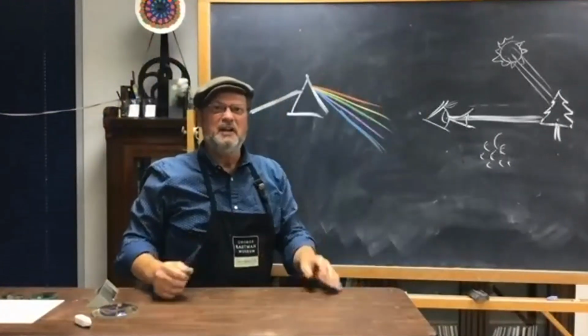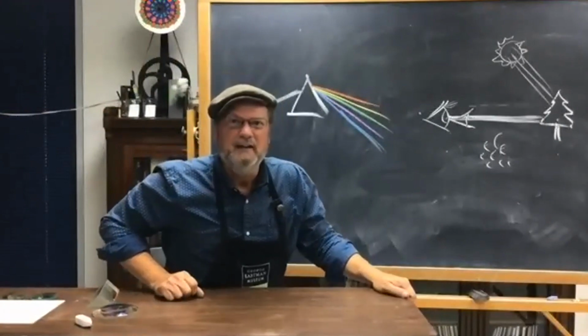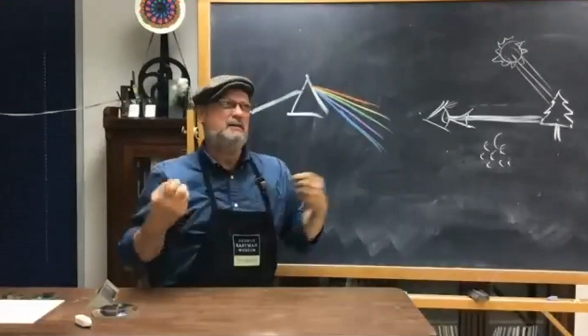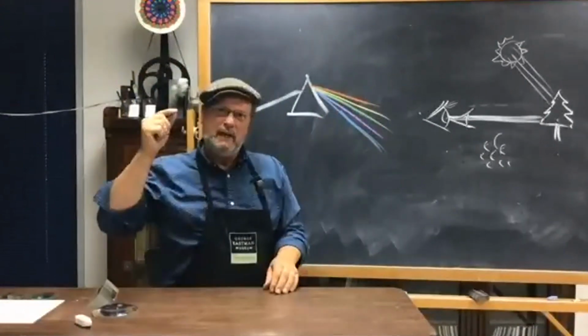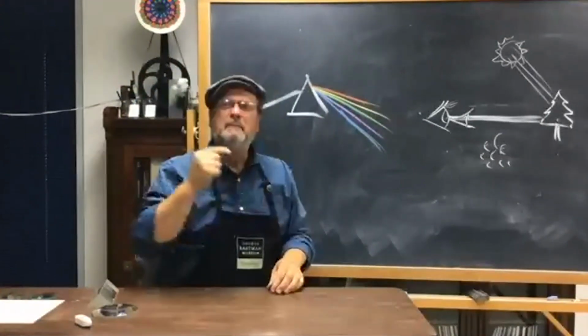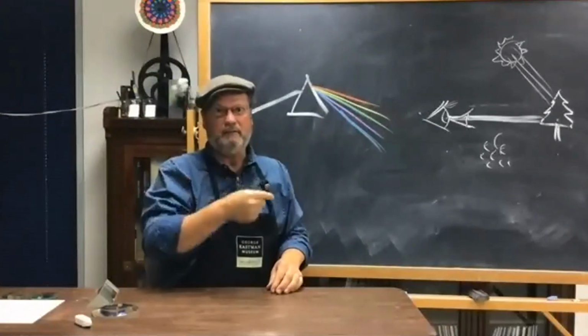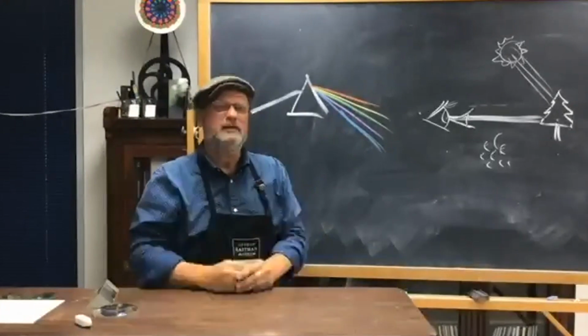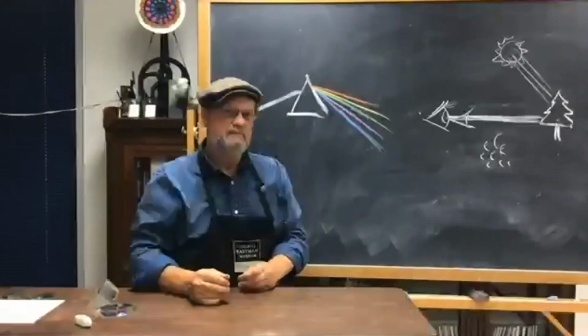Imagine yourself as the fruit in a Jell-O salad, and the Jell-O being the ether. So you're surrounded by this substance, and light travels through that substance, and it travels in waves.